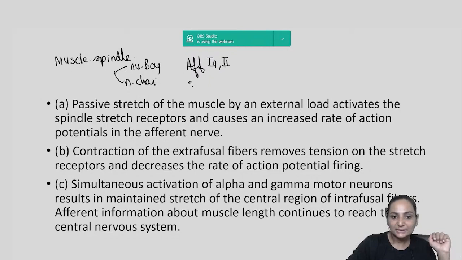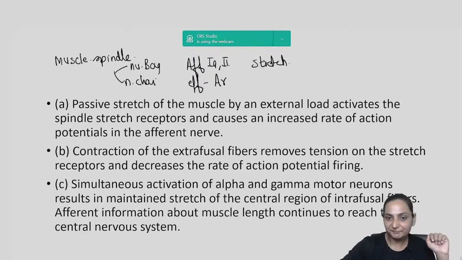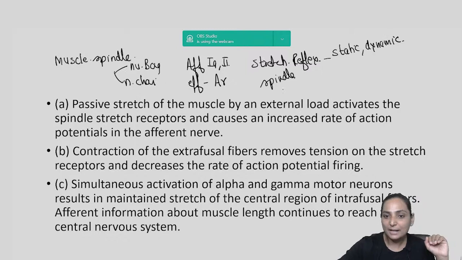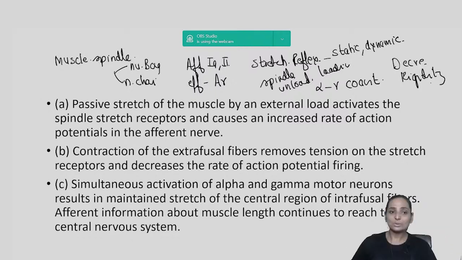Then what is the stretch reflex, which is a monosynaptic reflex helping you to detect both the static length as well as the dynamic change in the length. Then I told you what is the spindle unloading and the spindle loading, the significance of alpha gamma co-activation, and a note about decerebrate rigidity, right? So this becomes almost complete as far as the muscle spindle is concerned.